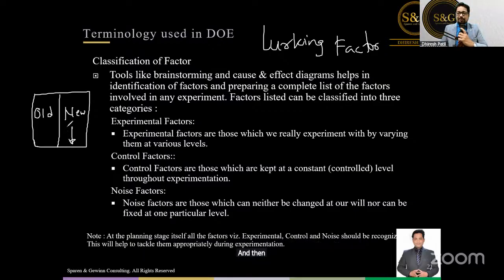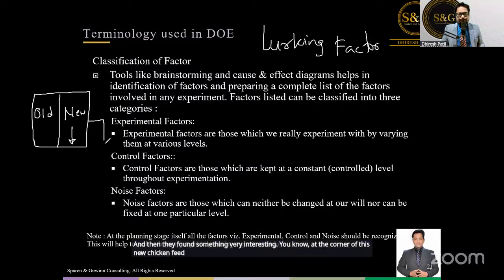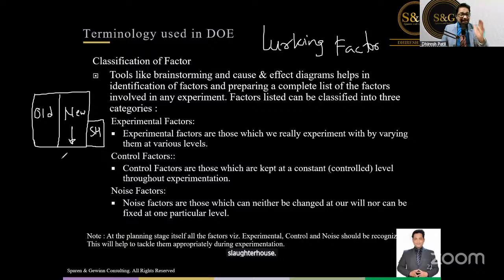And then they found something very interesting. At the corner of the new chicken feed portion was the SH, nothing but a slaughterhouse, exactly beside the new chicken feed. The slaughterhouse is where chicken used to be slaughtered regularly.